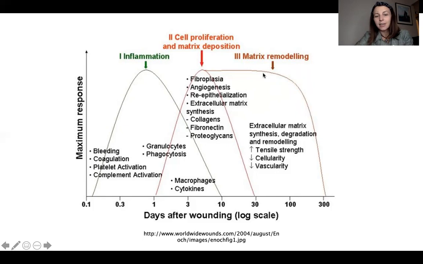Again, depending on the severity of the wound, it can take that long. But something minor is going to repair quicker, right? And usually within like 3 weeks, you have an appearance of back to normal kind of tissue.